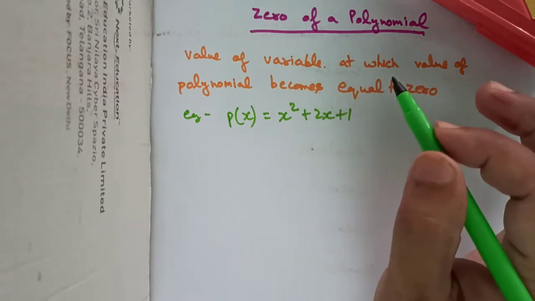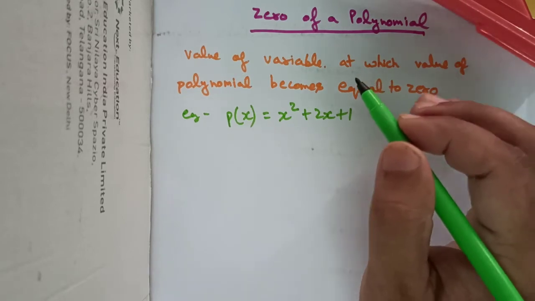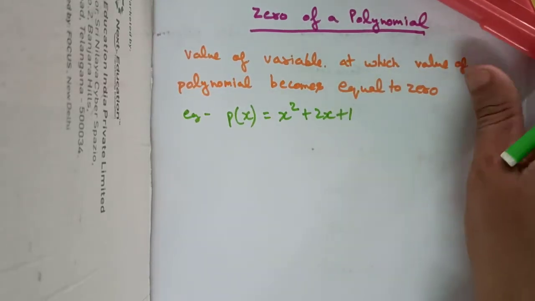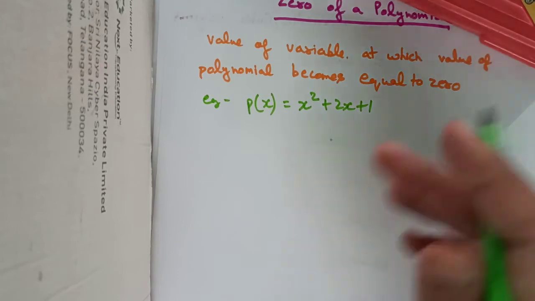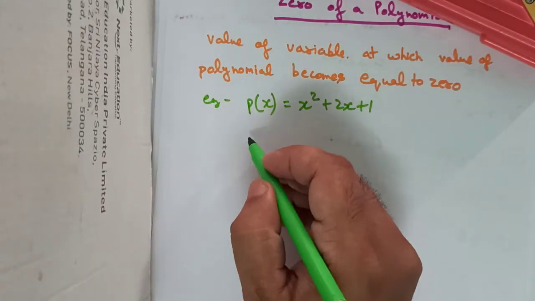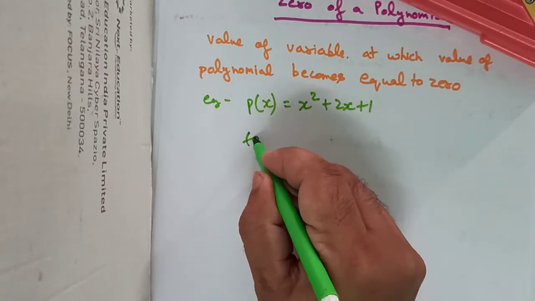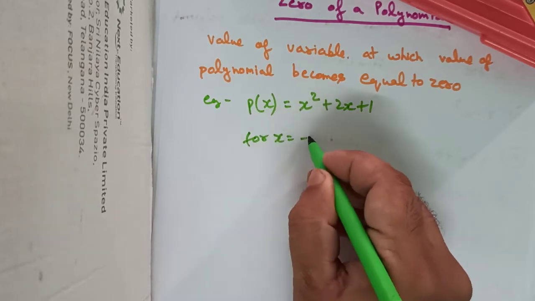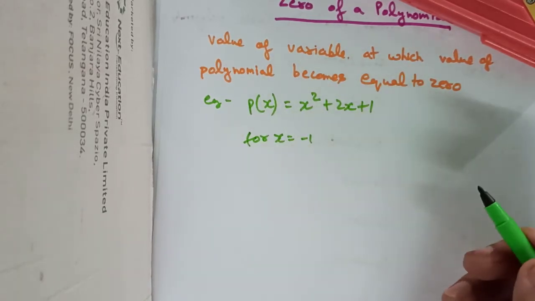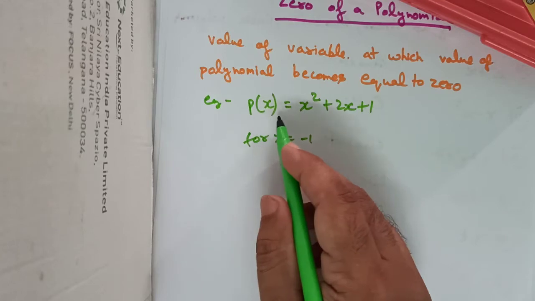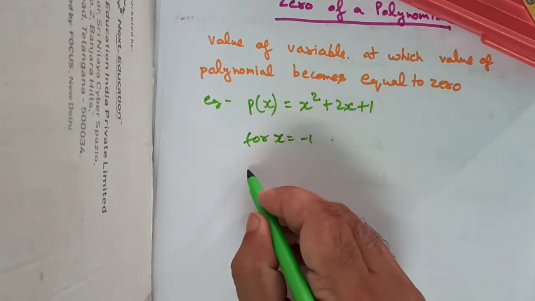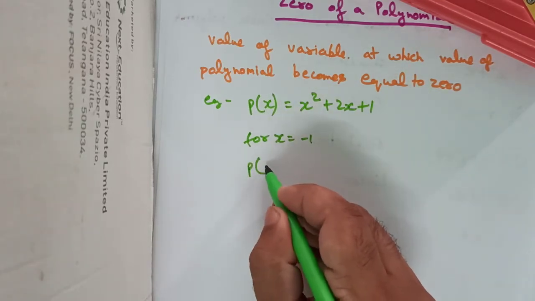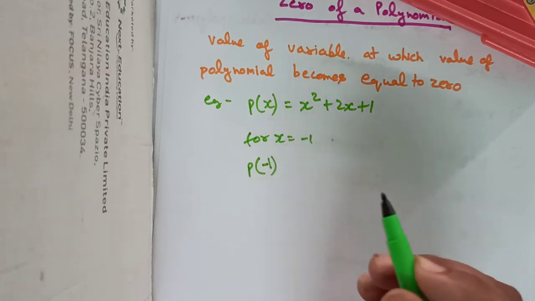Let us, by trial method, take a value of x, say x equals minus 1. If we take the value of x as minus 1, then our polynomial p(x) will become the polynomial at x equals minus 1.